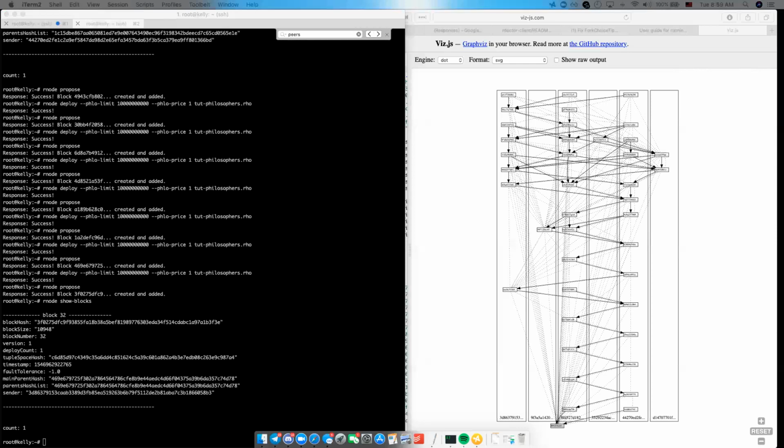Invalid and slashable is my bet. Oh my gosh, NetZipper, I'm dying. What happened? Still hanging. Oh, okay.